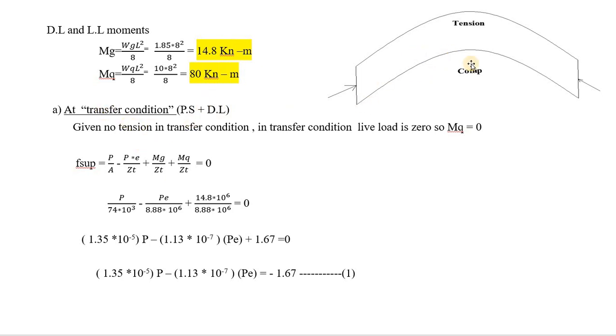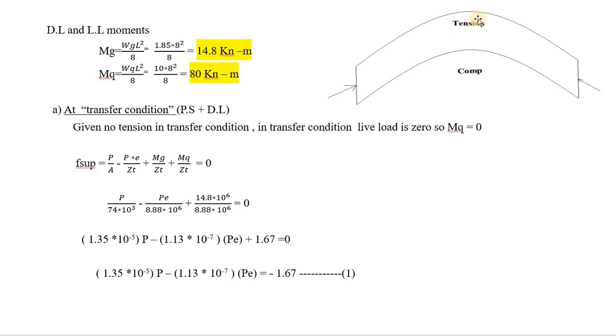Observe this carefully. In transfer condition, when we have pre-stress force and dead load, obviously the cable or tendon will be hogging. Because of this nature, where is the tension?